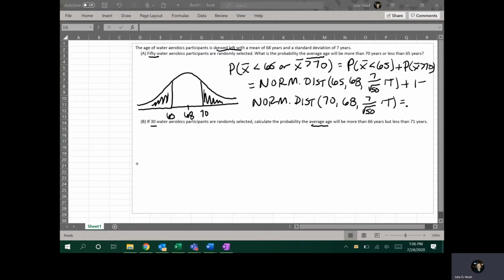So part B again is going to be, even though the parent distribution is skewed, the sampling distribution is going to be bell-shaped normal with a mean of 68. In this case, the question says the average age will be more than 66, but less than 71. So that would be in between.